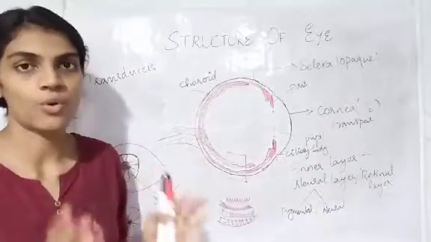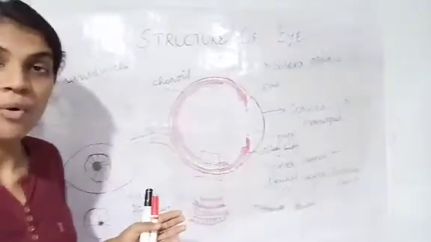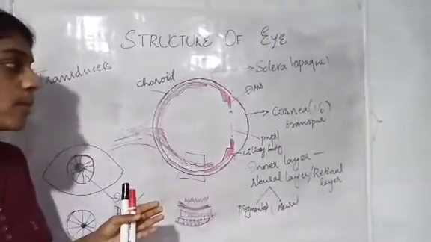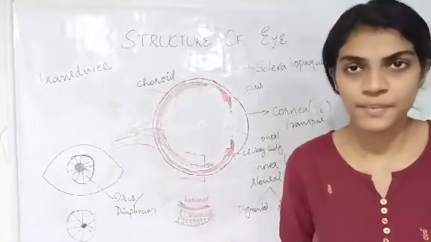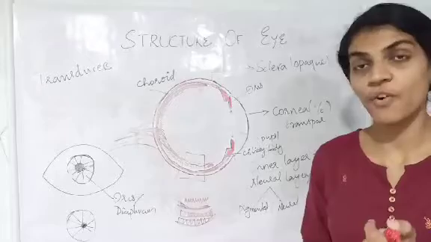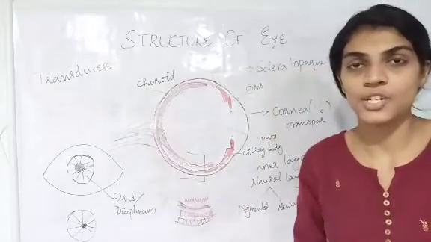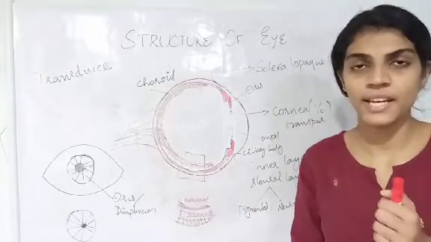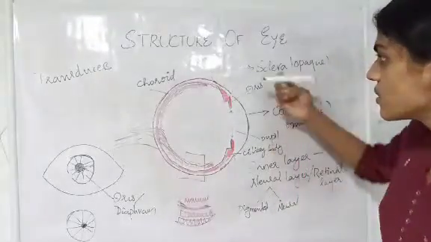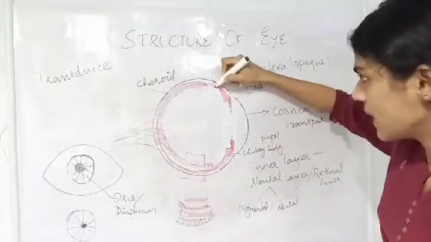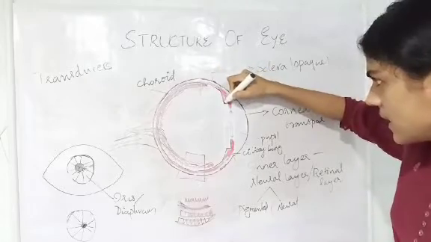Now moving on to the most important part of the eyeball, that is the lens. The lens is for directing the light onto the retina. We need a lens, which is a transparent object. So this one is the inner pigmented layer, right?